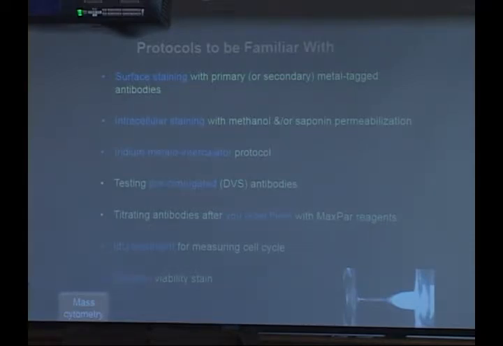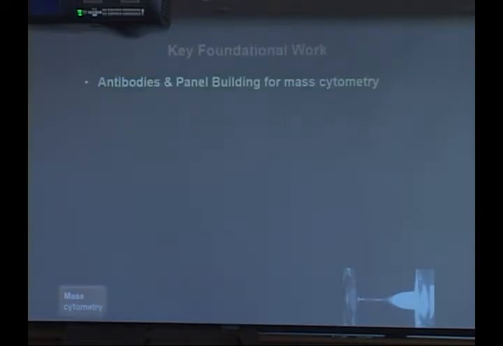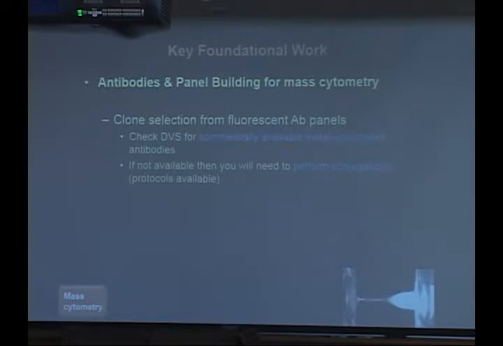Again, we have a cytometry paper on that, and somebody's going to be talking about that. Again, for clone selection, you can check what clones DVS uses. And then you'll have to do your own conjugations.